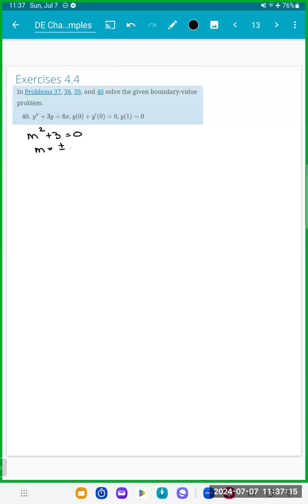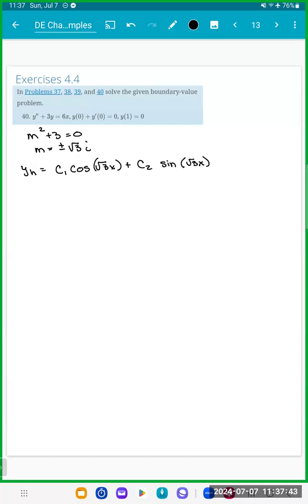That is plus or minus the square root of 3 i, because we bring the negative 1 out and make it an i. So y sub h, we're looking for our homogeneous solution here: c1 cosine square root of 3x plus c2 sine square root of 3x.